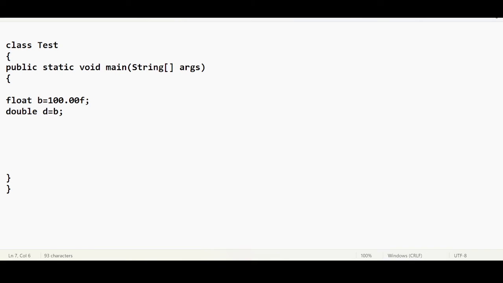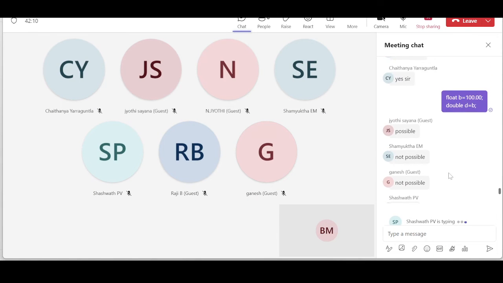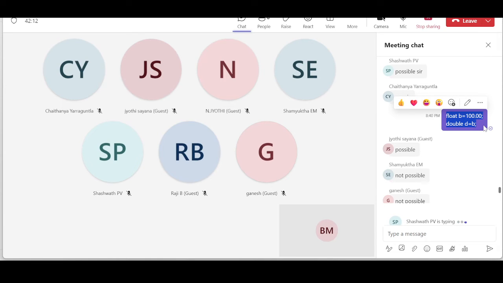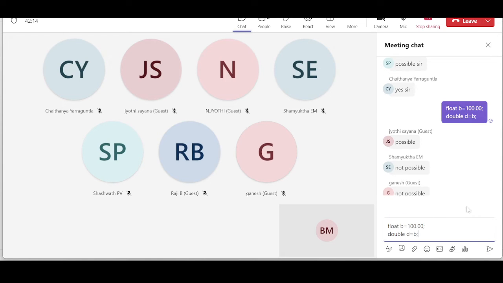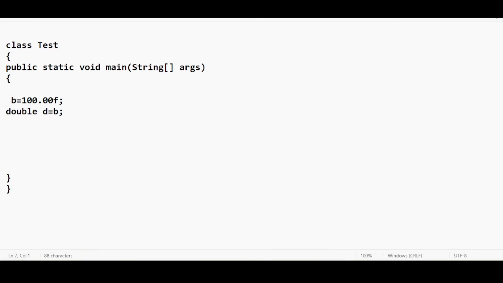Okay. So another example. This is an interview question. It looks very simple and clear, but this is how you may get this kind of question. Float is there. Next thing is, I'm taking integer 100.